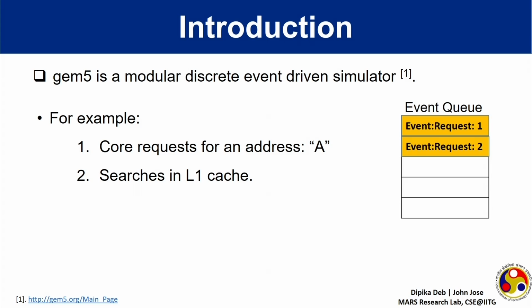Hence, searching in the L1 cache is another event, and that is time stamped with clock cycle 2 and entered into the event queue. If the L1 cache access turns out to be a hit, the L1 cache controller sends the block back to the core. This generates another event, known as a reply event, with timestamp 2. This event is also inserted into the event queue. Kindly note that this is a representative example to describe an event driven simulation, and this is how the simulation occurs in gem5.